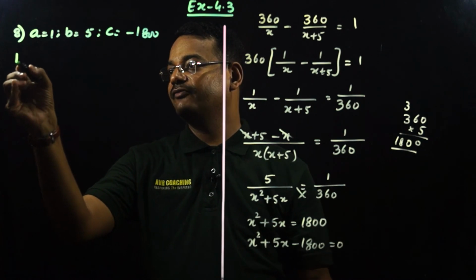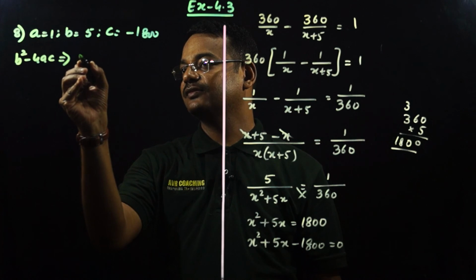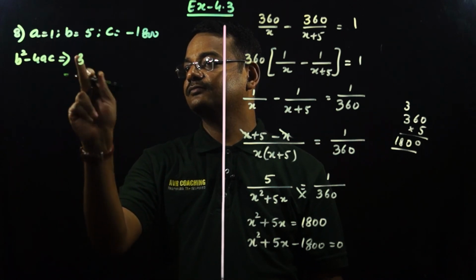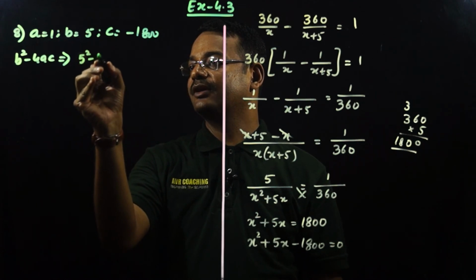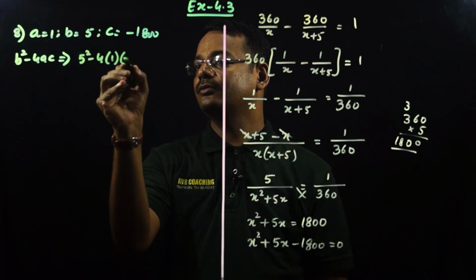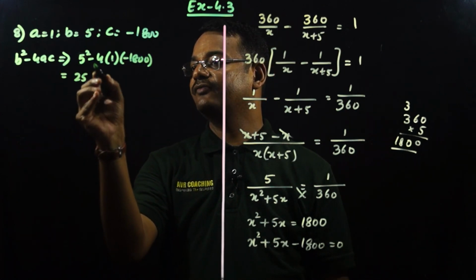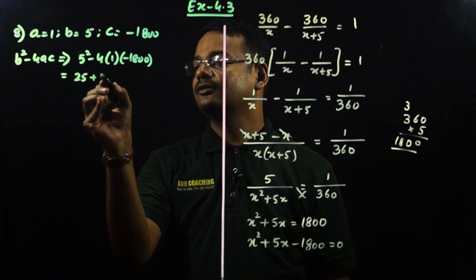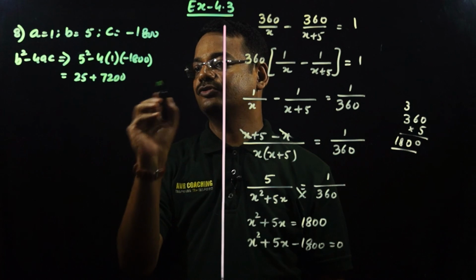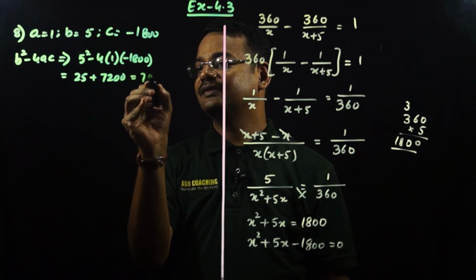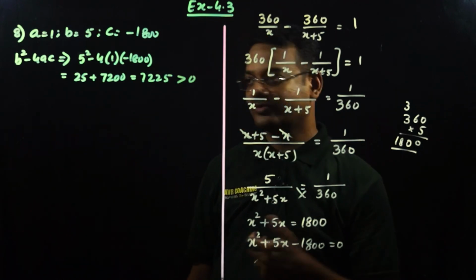So when we find b square minus 4ac, this will be 5 square minus 4 into 1 into minus 1800. This will be equal to 25 plus 7200, since minus into minus is plus. 18 4s are 72, and 2 zeros. So this will be equal to 7225. So this is greater than 0, so we can find the roots of the quadratic equation.